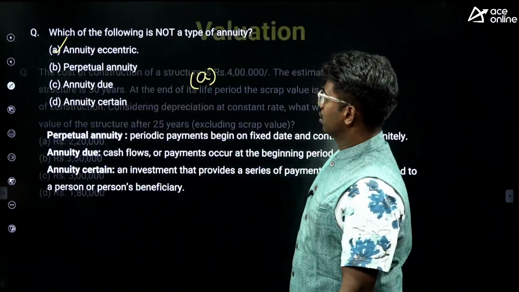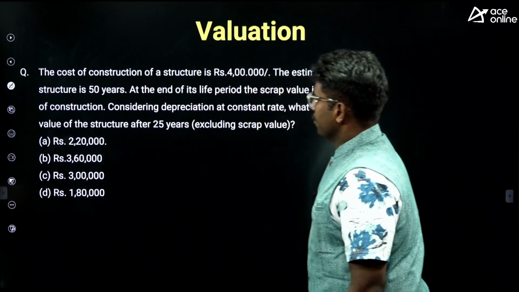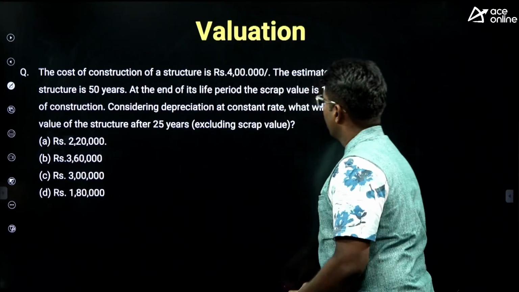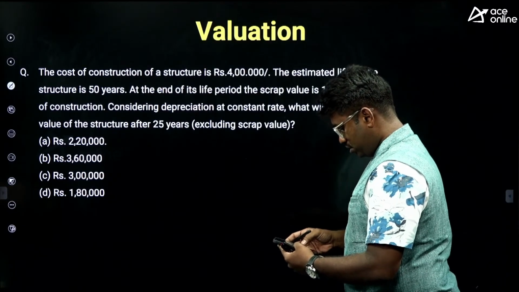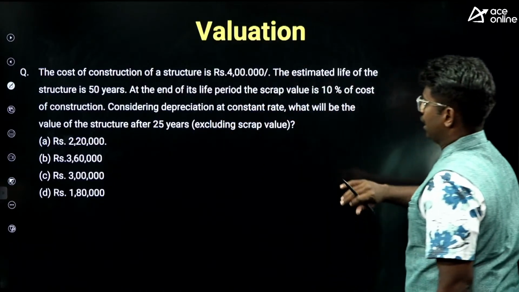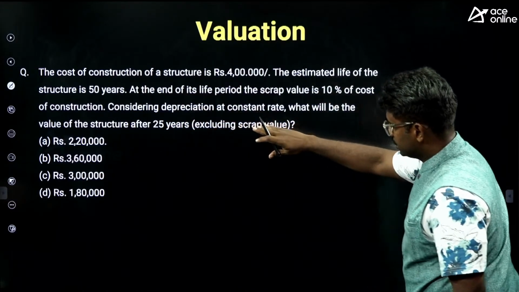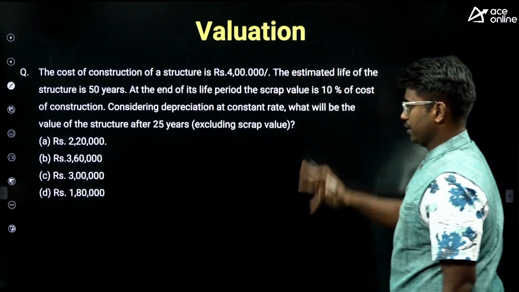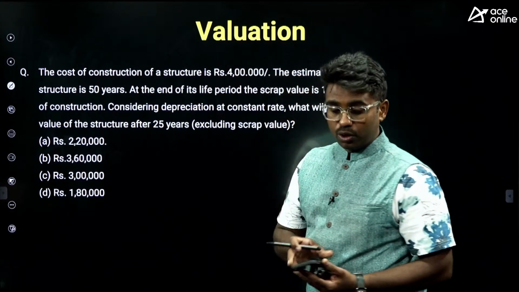Right? Okay. Then lastly we have valuation. Let's see this. The cost of construction of a structure is 4 lakhs. The estimated life period, just check this out. Okay. At the end of its useful life, the scrap value is 10% of the cost of construction. Considering depreciation at a constant rate, what will be the value of the structure after 25 years?